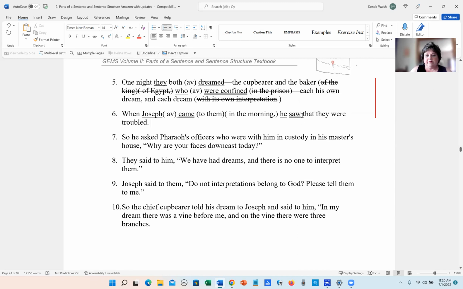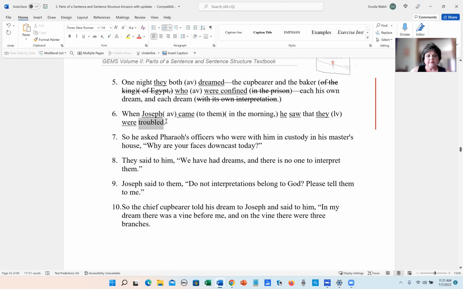Then we have this word that, and we learned that that is a relative pronoun, and a relative pronoun begins a subordinate clause. So we're going to have another subject and verb. They is a subject. We're going to underline that once. Were is an action verb. I'm sorry, am, is, are, was, were, that is a linking verb. So we're going to identify that as a linking verb. And then the word troubled, they were troubled.